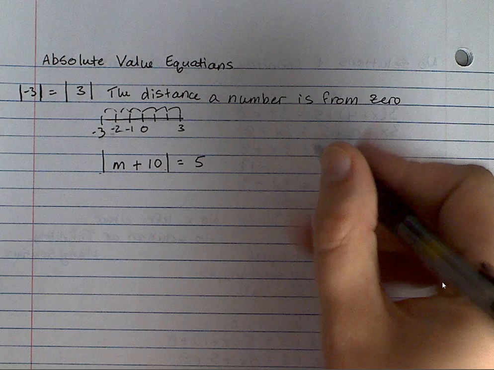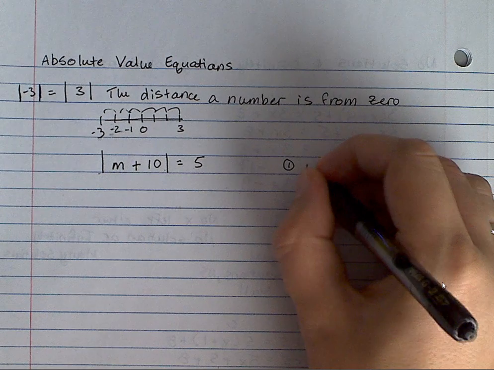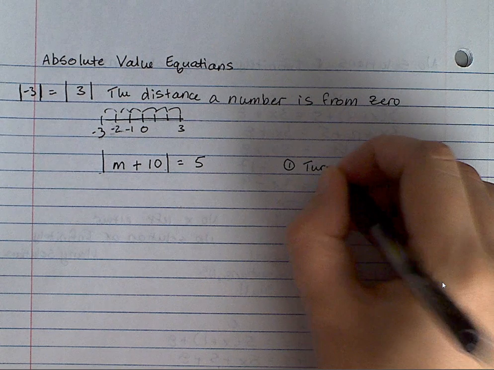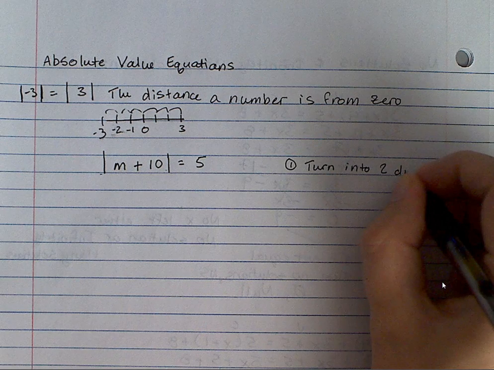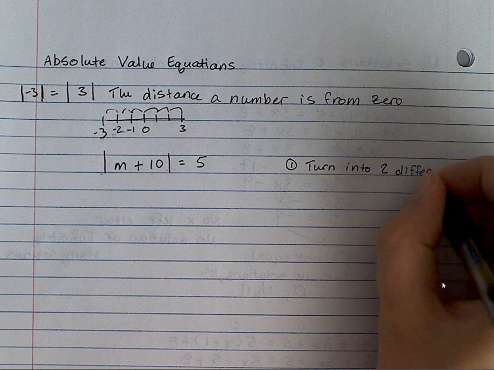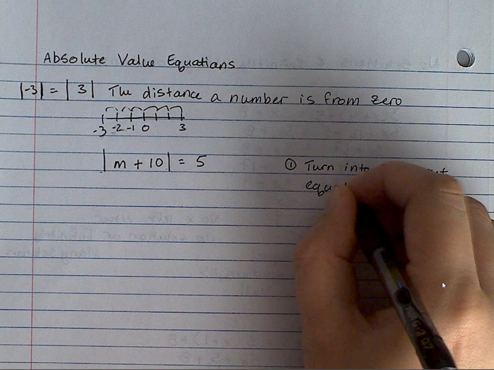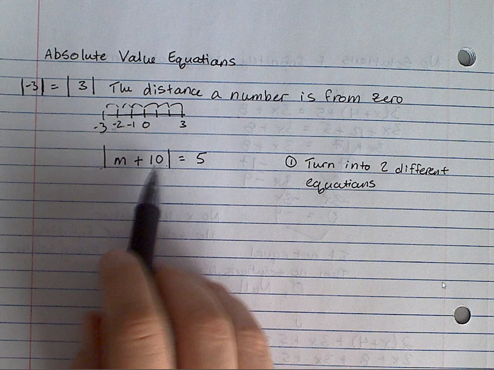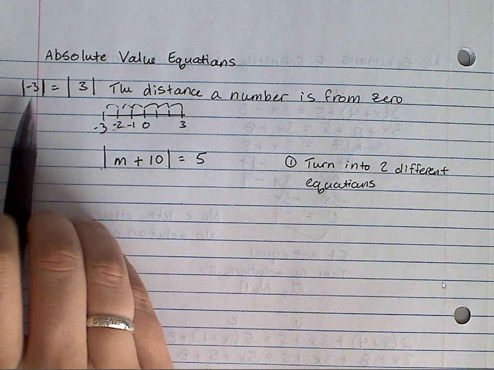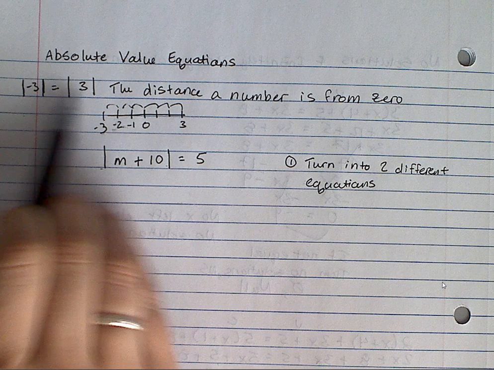So step number 1, you're going to turn this into 2 different equations. Up here, where we had the absolute value of 3 and the absolute value of -3, these 2 things have the same absolute value, right?